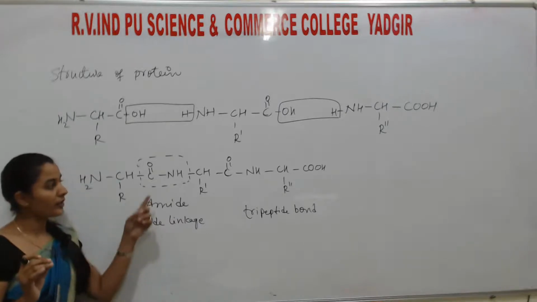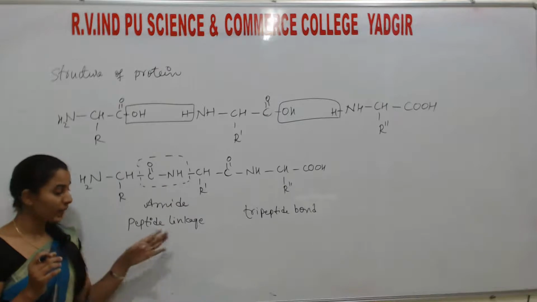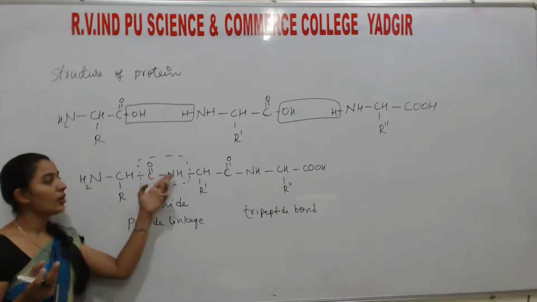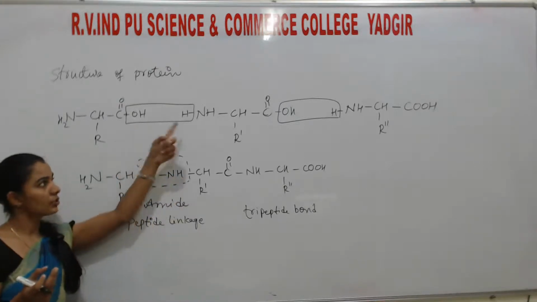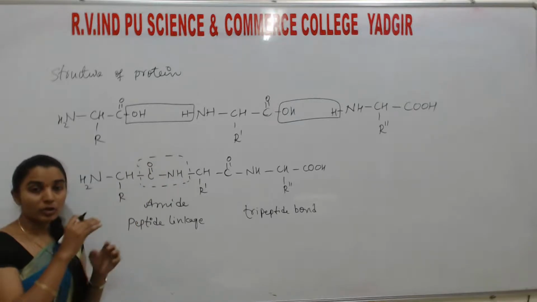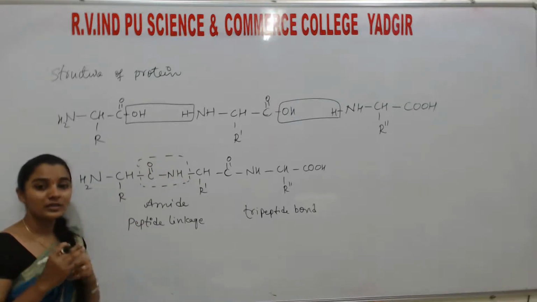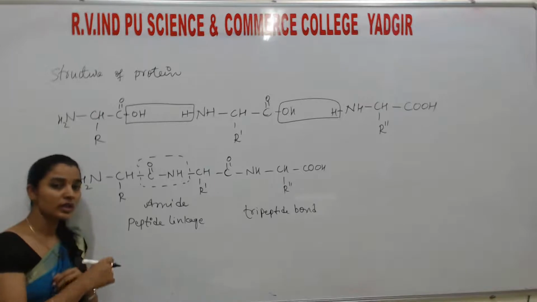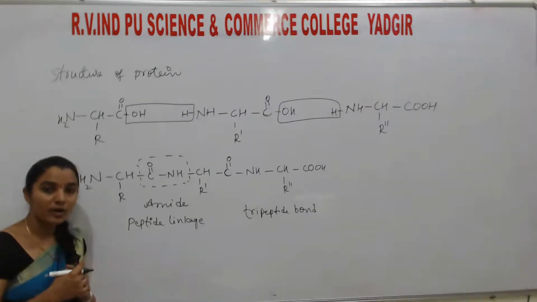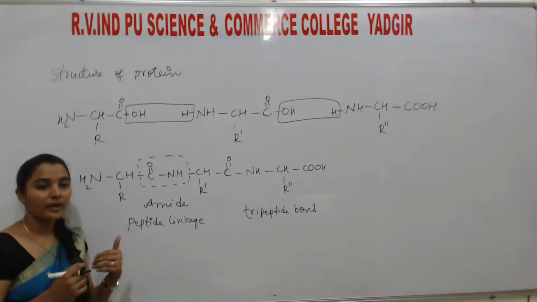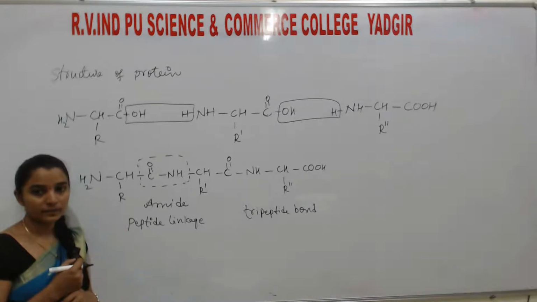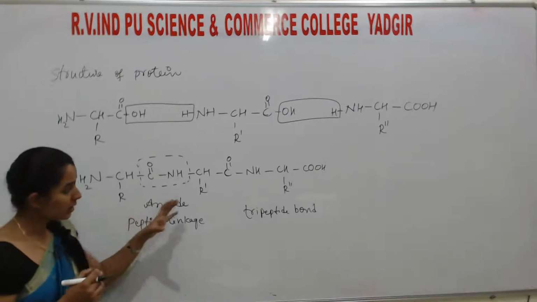The bond between them is a peptide bond. How does it form? By the removal of a water molecule from the COOH group and NH group. Removal of water means condensation. So these are all condensation polymers of the alpha amino acids. Understand? So this is the structure.